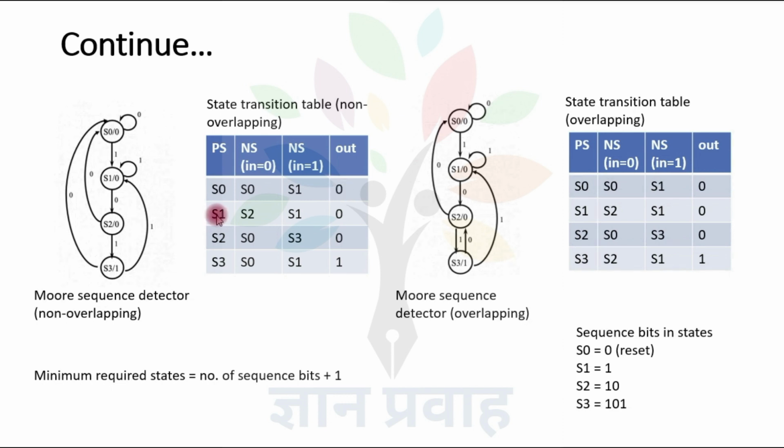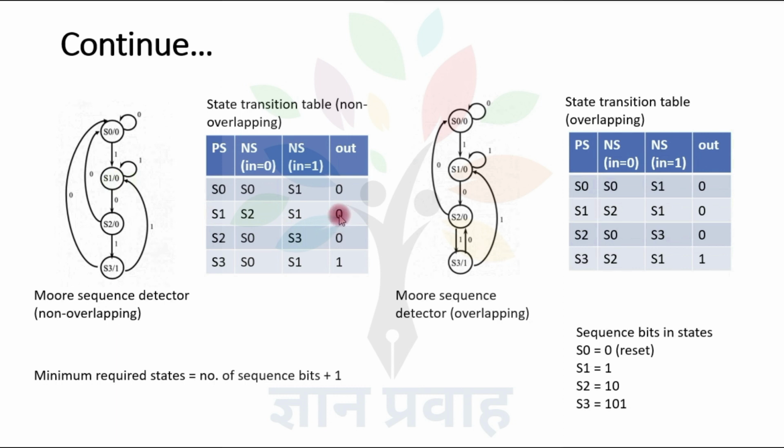When the present state is S1 and we receive input bit at logic 0, then the next state will be S2. But when we receive input bit 1, then the next state remains the same, that is S1. And here the output is 0.